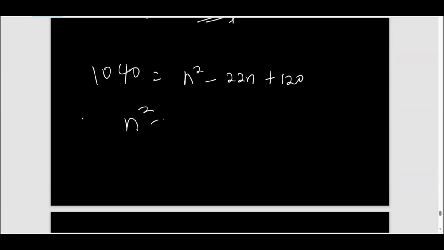So n squared minus 22n, 120 minus 1040, that's negative 920, is equal to 0. Then all we have to do is solve this quadratically. So you can use your quadratic formula, or alternatively, you can use the factors.